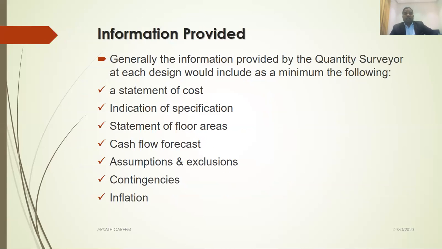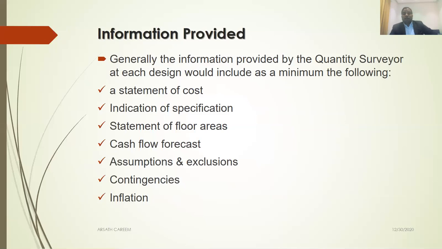You have to provide a statement of cost, indication of specification, what level of specification you use, a general quality, mid-end quality or high-end quality, statement of floor areas, each floor how much, and cash flow forecast. This is very important, cash flow forecast. This is one of the main benefits of a cost plan.